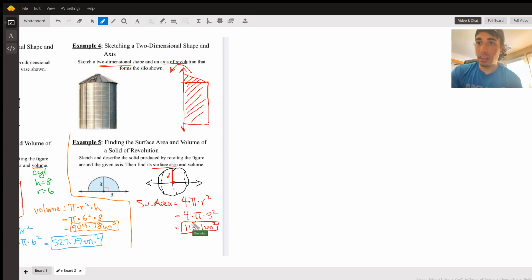All right, and then last one here, we got volume. Volume of a sphere is 4/3 times pi times the radius cubed. Our radius is 3. Let's punch that into the calculator and see what we get.